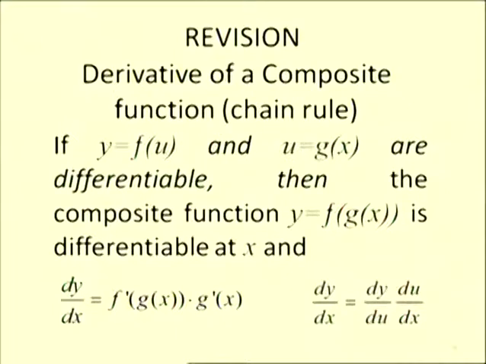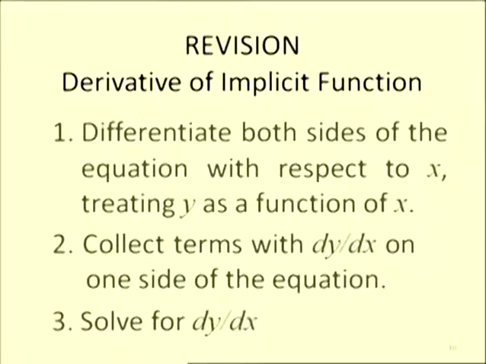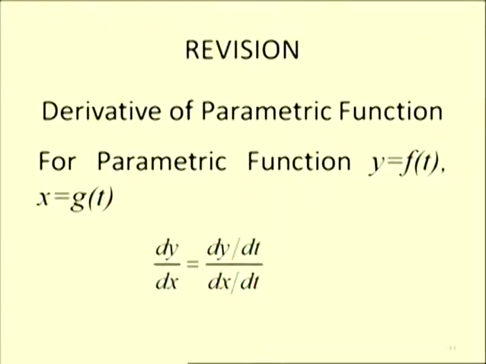It is also known as the chain rule, which is the derivative of y with respect to x equal to the derivative of y with respect to u into the derivative of u with respect to x. Also, we have seen differentiation of implicit functions, where the equation is directly differentiated with respect to x and then solved for dy by dx, that is, the derivative of y with respect to x.